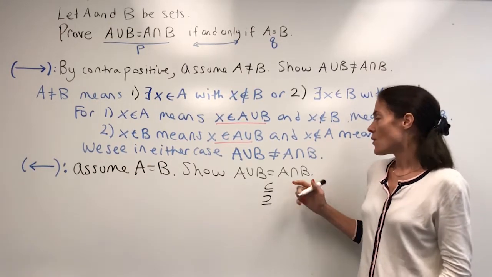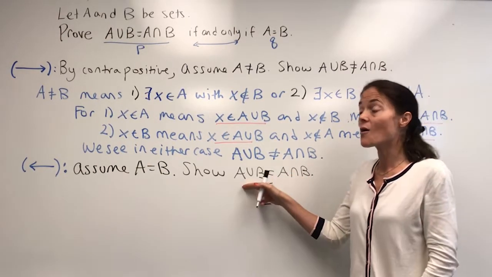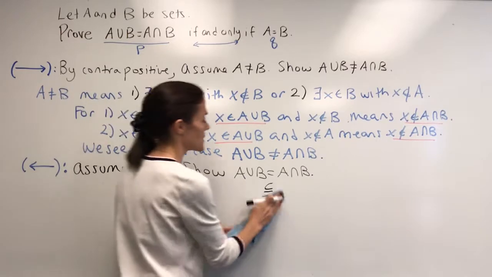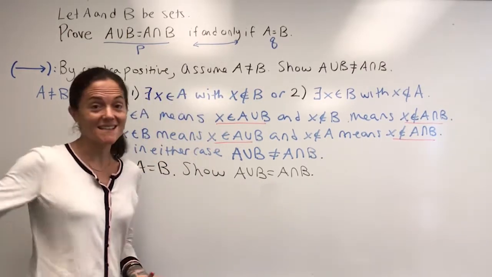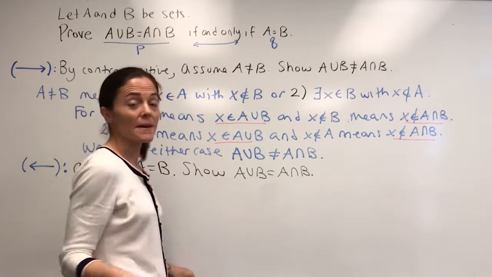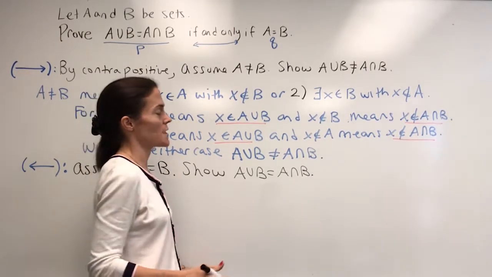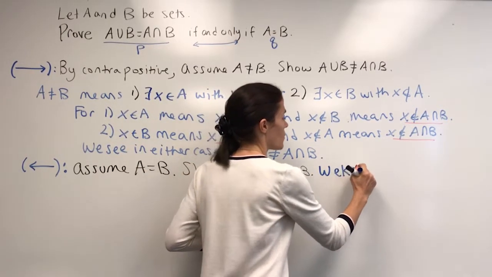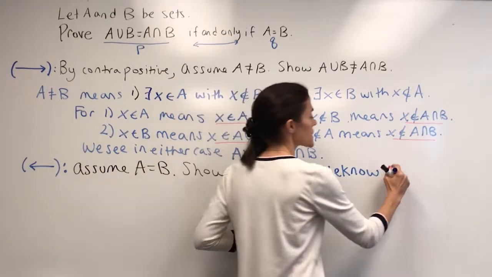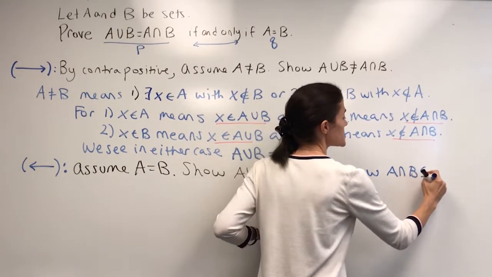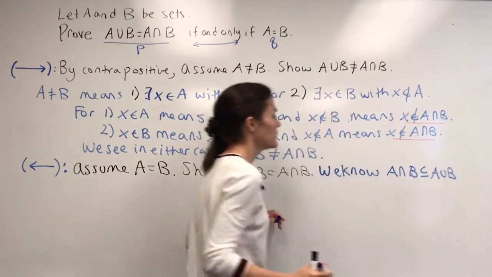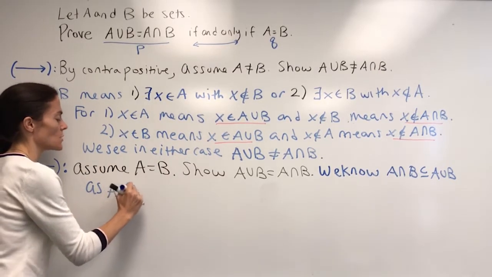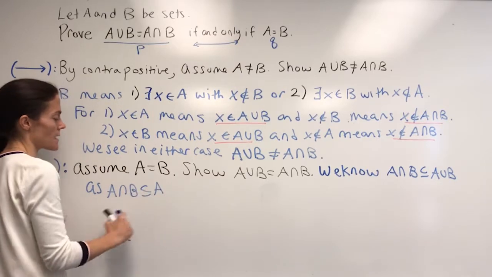But the intersection is always a subset of the union, and in fact, it comes from something we discussed in class when we first discussed the intersection and union. But we need to make a comment about that, otherwise our proof would not be complete. So you might just write, we know that the intersection is always a subset of the union, as, for example, we showed A intersect B is a subset of A, always.